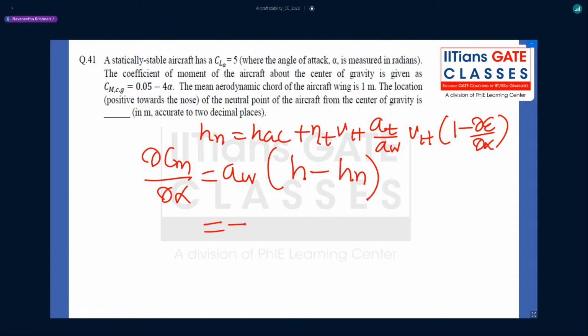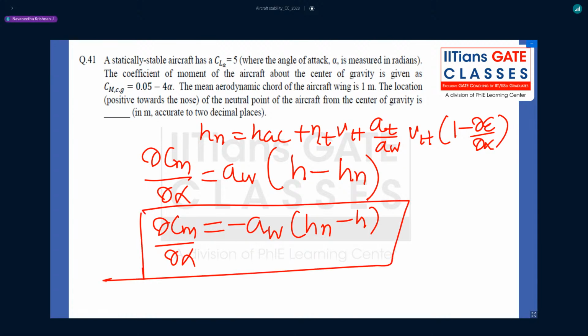That's how, if I take the minus sign outside, it has become minus AW into Hn minus H. So this is how we got the equation of dou Cm by dou alpha as minus AW into Hn minus H. Yes, perfect, sir. Clear now. Yeah, got it.